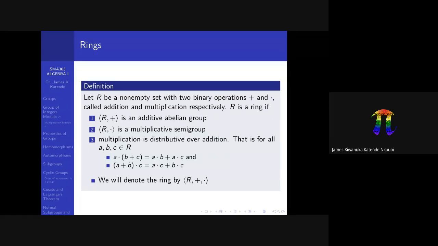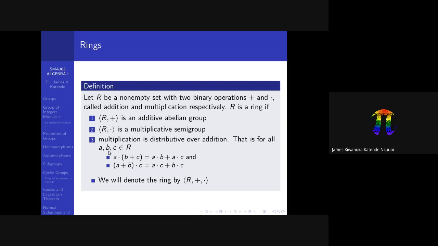So a semigroup basically is required to satisfy only the first two properties of a group, the closure and associativity. If it's closed and associative, that's enough. That makes it a semigroup.